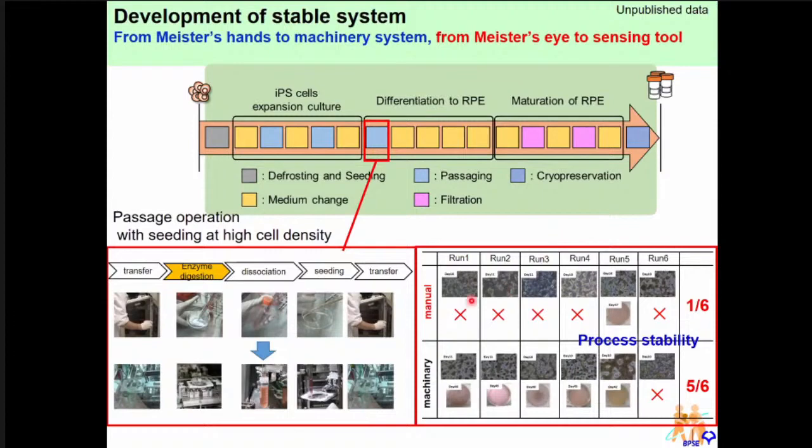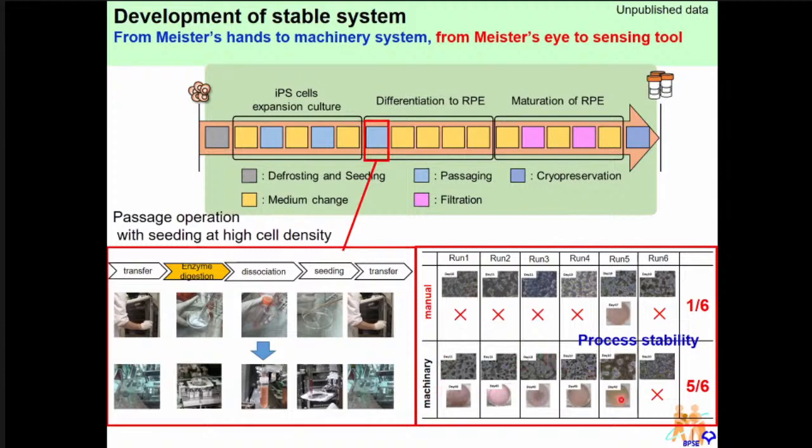Our expert, unfortunately, we tried 6 times. Only 1 time, my expert could perform. So that's very difficult. Okay, can you feel the difficulty? But the machinery system, first trial, successful. Later, same motion means successful every time.